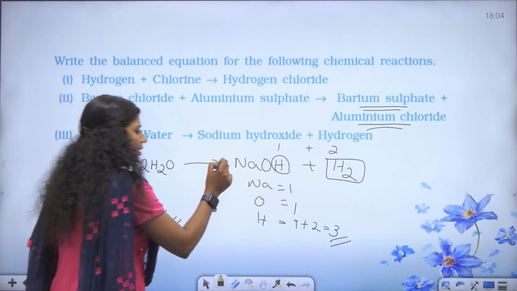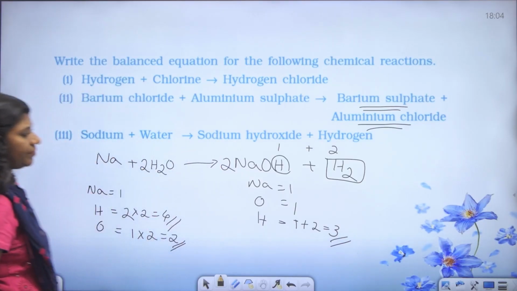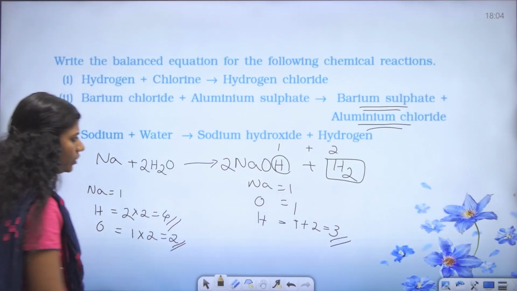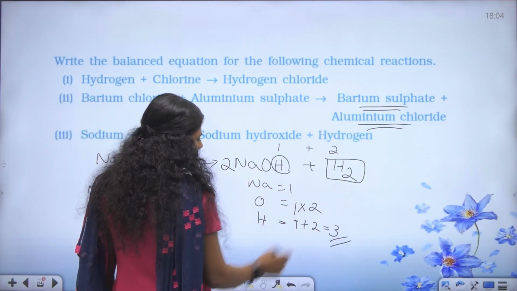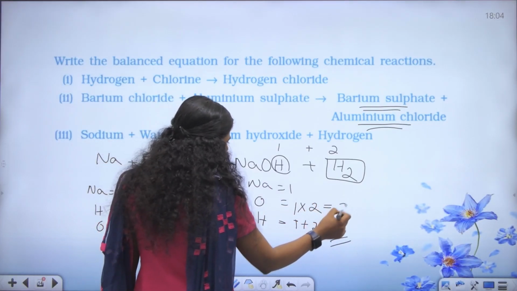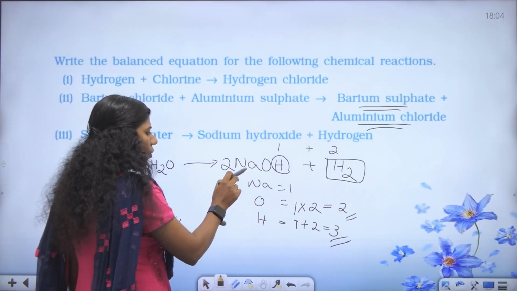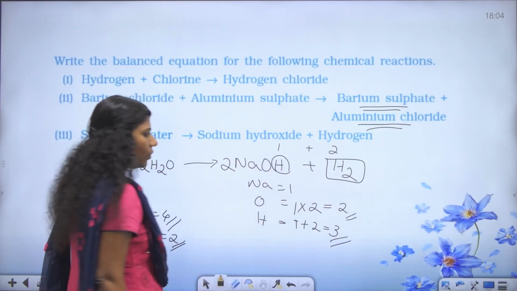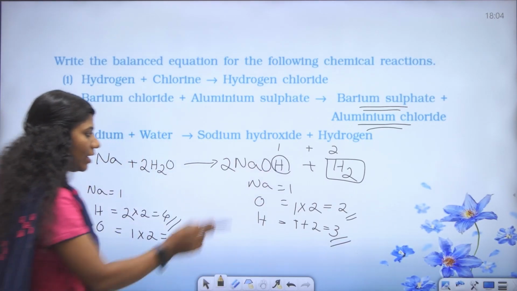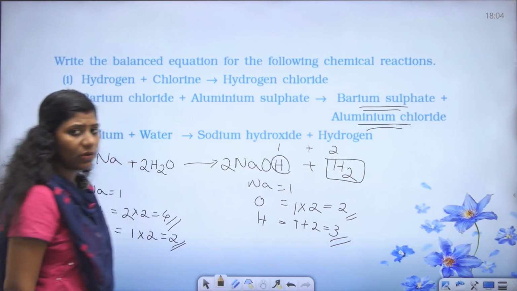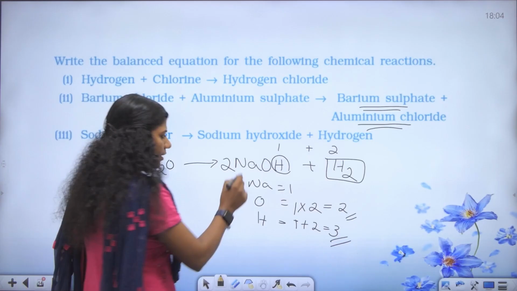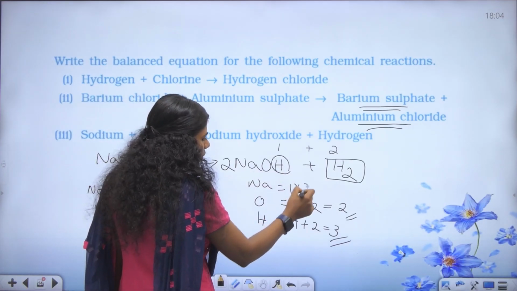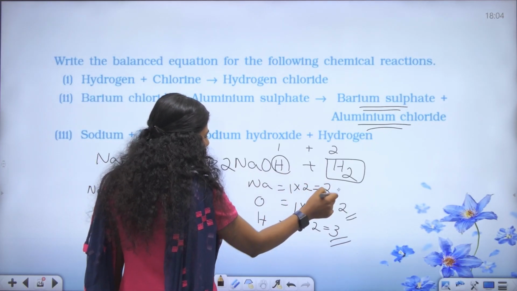So I will write 2 here, 2 NaOH. So now the number of oxygen atoms is 1 into 2, equal to 2. But the number of sodium and the number of hydrogen is also changed. In 2 NaOH, the number of sodium atoms is 1 into 2, that is equal to 2.